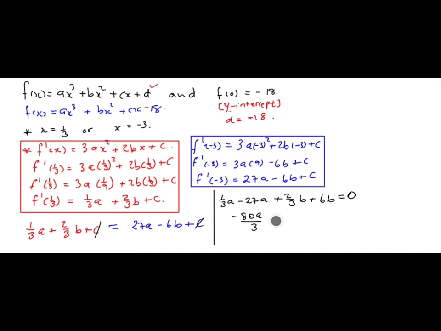We got 20B over 3. Now of course the denominators can be ignored, so that will leave us with minus 80A equals minus 20B. Let's just divide by the lesser factor, in this case negative 20. If I divide both sides by negative 20, I will get a positive 4. So B is 4.